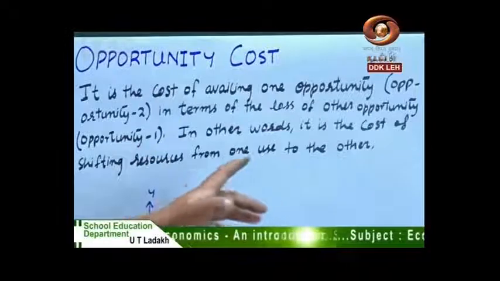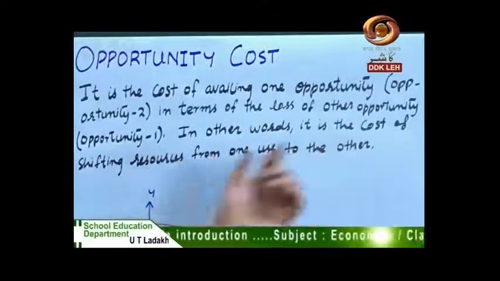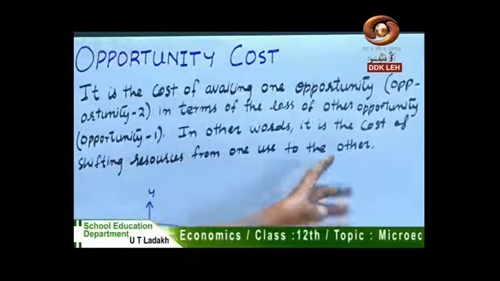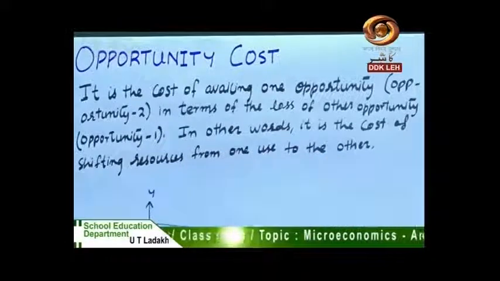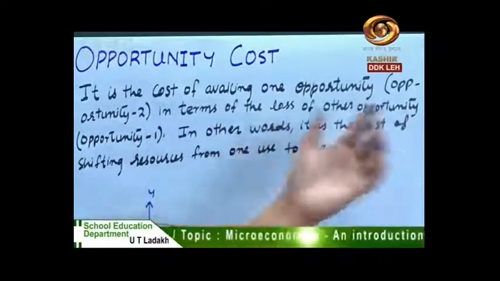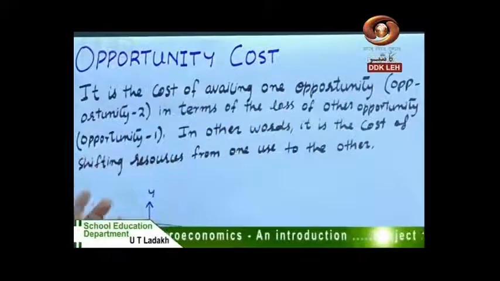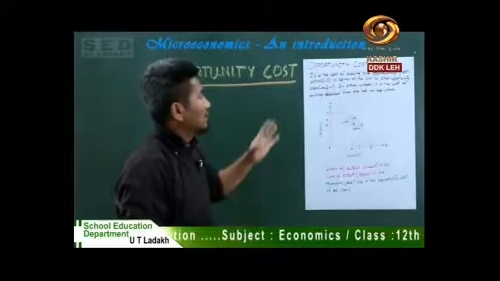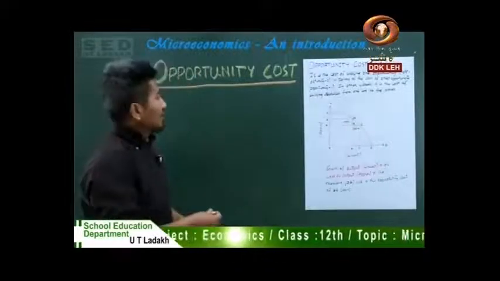In other words, it is the cost of shifting resources from one use to the other. Now you must be getting confused when I say opportunity 2 and opportunity 1. So I will explain with an example what exactly the opportunity cost is.